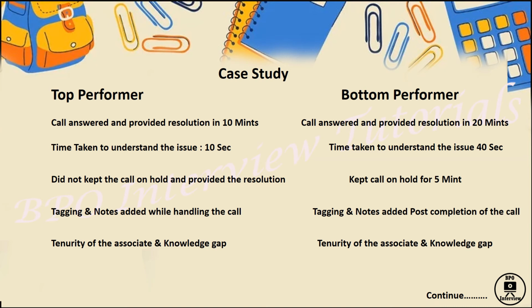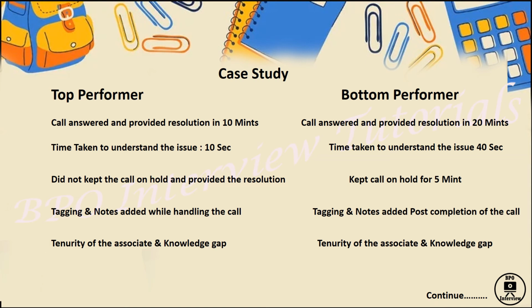So we can note all these things, and we can understand how the top performers are performing and how the bottom performers are performing, and where actually they are lacking and where they are taking the time. Here we can also cross check the tenure of the associate. If the associate is new, for sure he will take some time to resolve the query. We will also cross check the knowledge gap there.